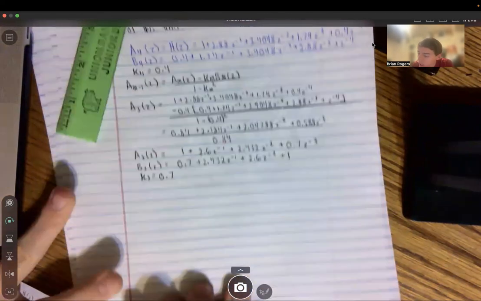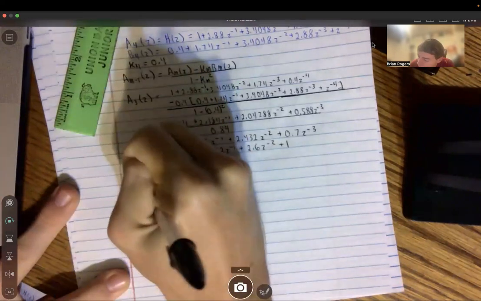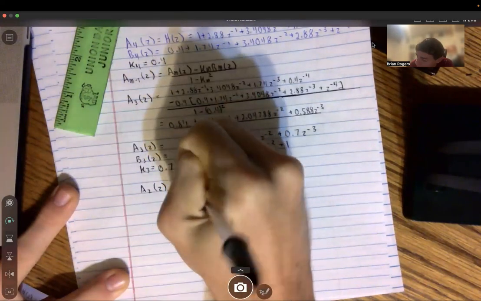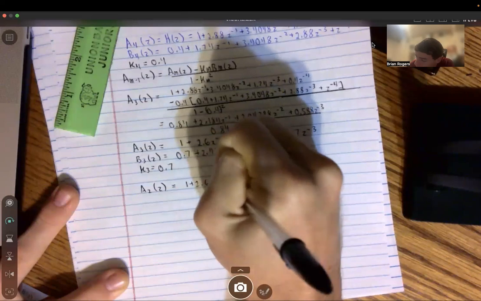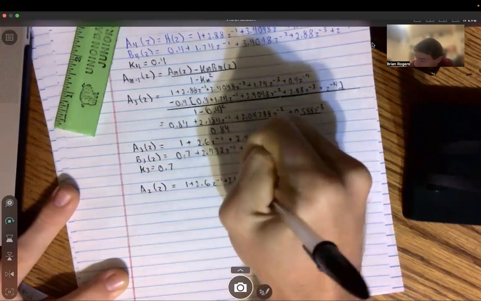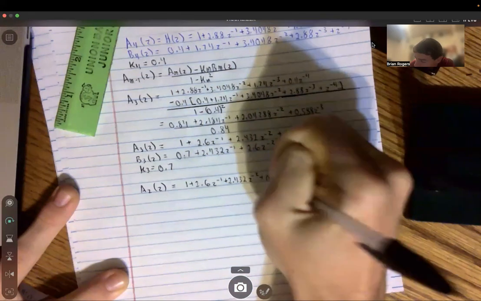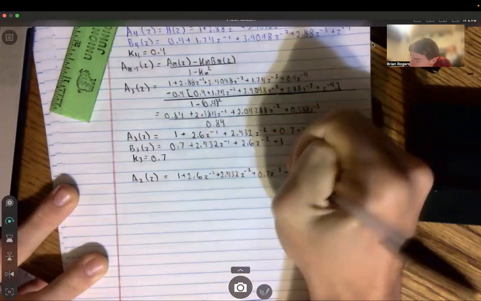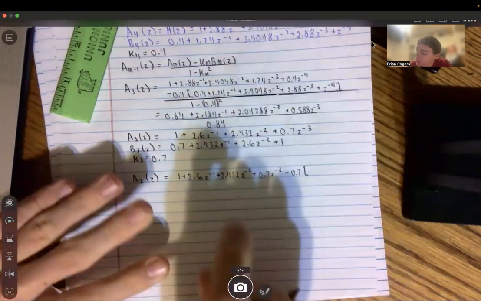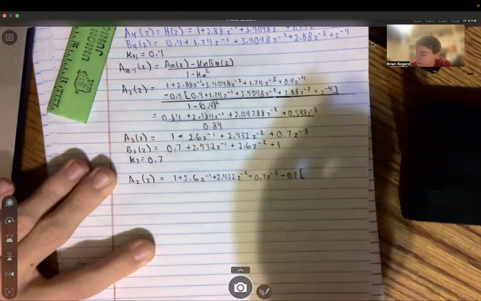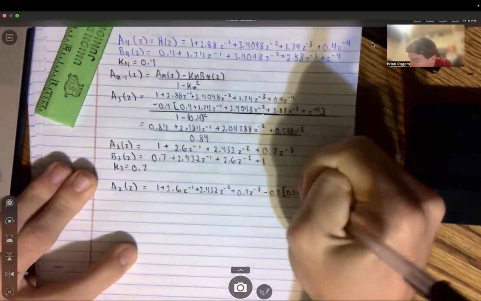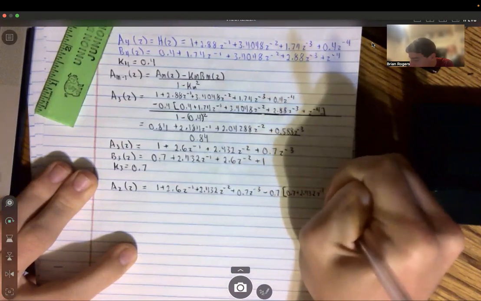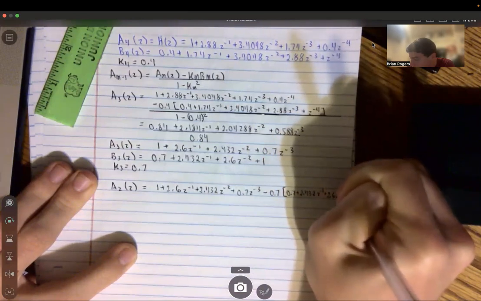Okay. Now that I know that, I'm going to solve for my A2(z), which is going to equal my A3(z) here: 1 plus 2.6z^-1 plus 2.432z^-2 plus 0.7z^-3. Then it's minus my k_m, which is 0.7, times my B3(z), which is 0.7 plus 2.432z^-1 plus 2.6z^-2 plus 1.